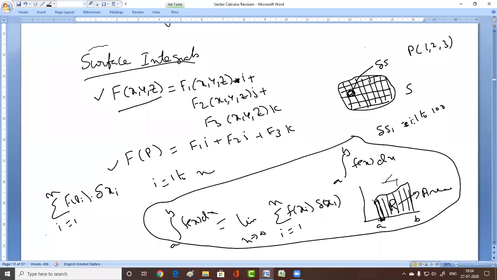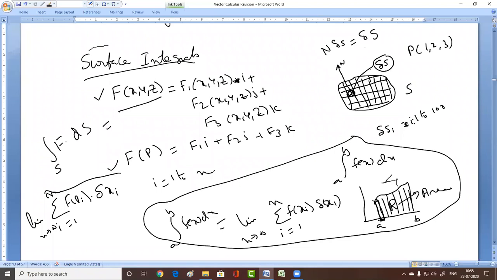If the limit n tends to infinity, this surface is divided into infinite smaller surfaces. Now this total integral is nothing but the integral of f dot dS. Now this area is a vector area. At this point, the normal is n, and n into delta small s is denoted by delta capital S. Now this is nothing but the surface integral.